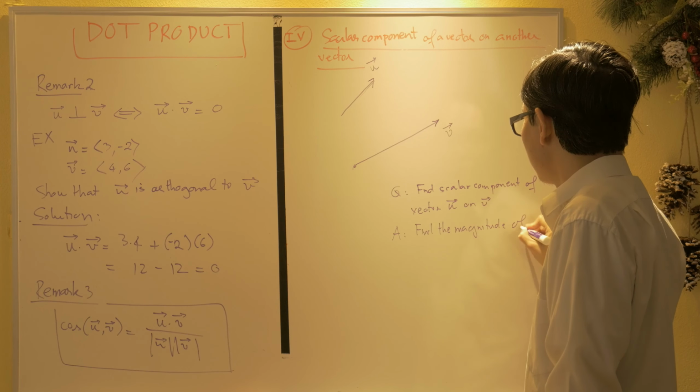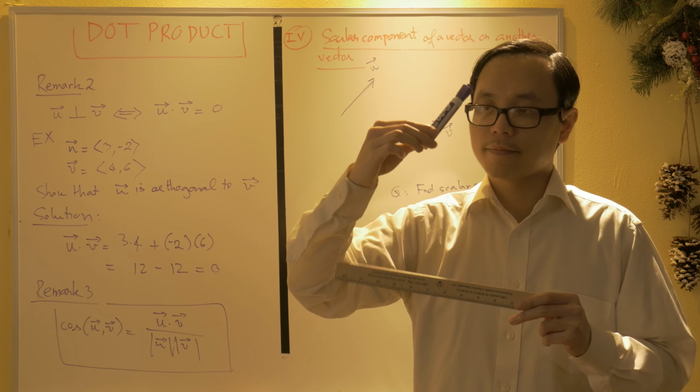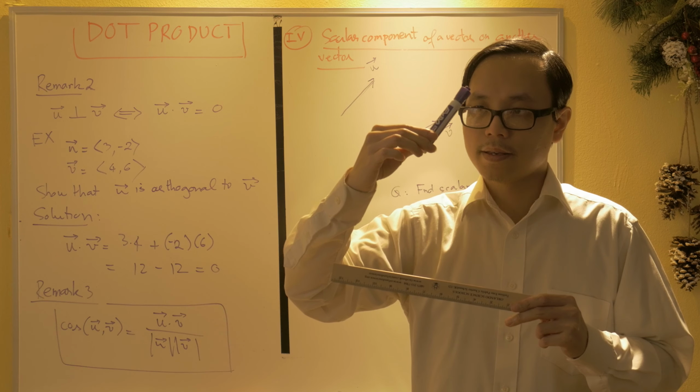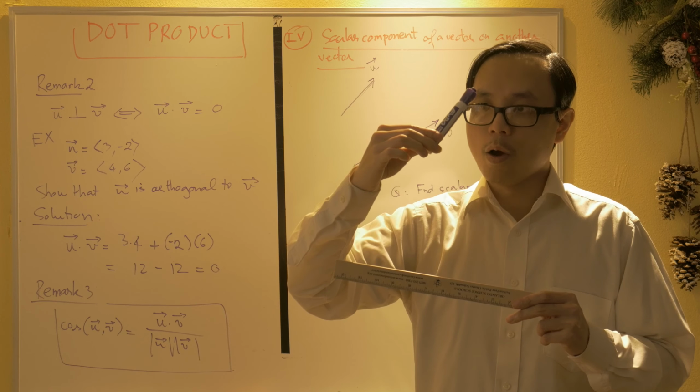So what do you mean by projection? Just think about this. I have vector v like this, and I have vector u like this. The projection of vector u on vector v is the way you look.